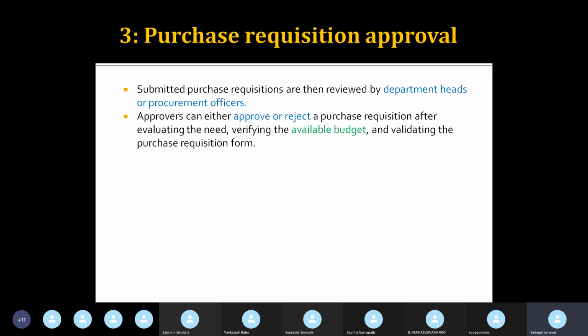Once the purchase requisition is done, the company will check whether the budget is available or not, then depending on the situation it will approve or reject. If the budget is available, it will approve.